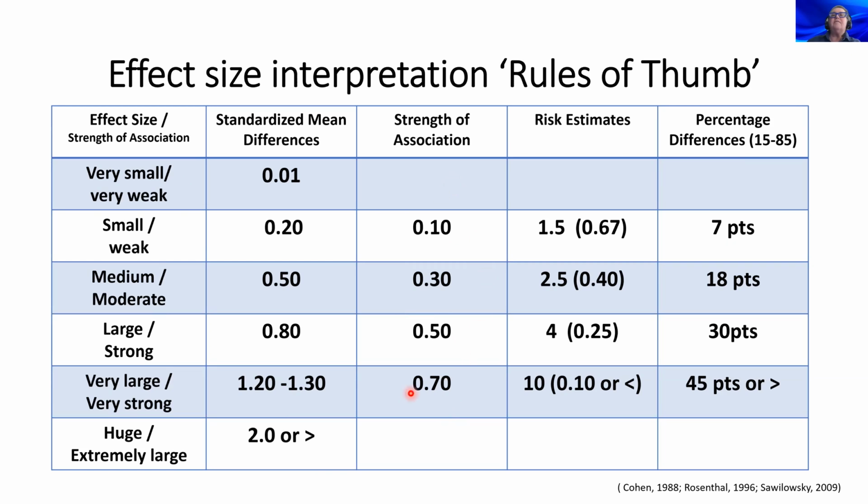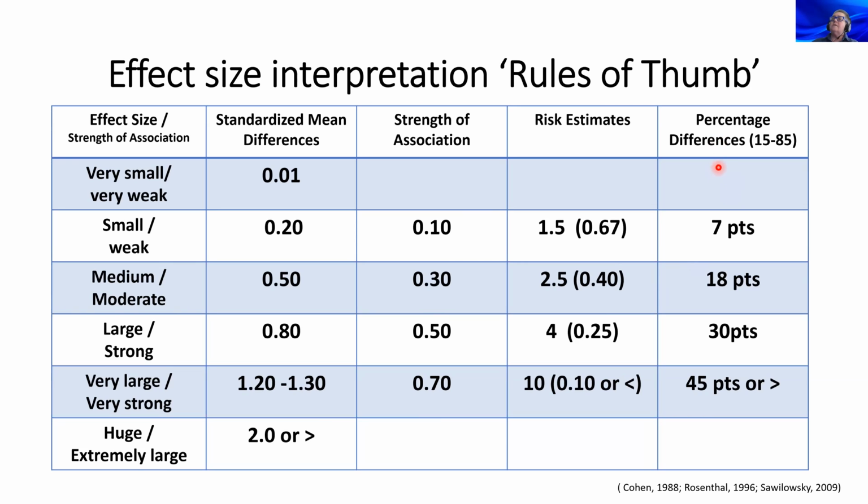If we consider strength of association, here are the correlational values, and we have differences in terms of the interpretation of them. Having risk estimates, so 1.5 to 1 or 1 to 1.5, depending upon what you have for your odds ratio or the risk estimates. And you see the ranges.